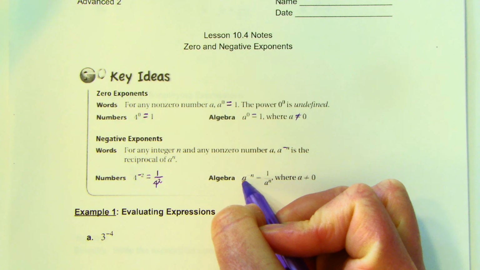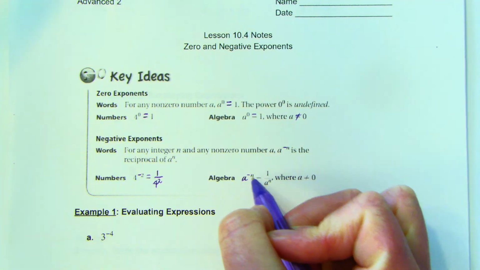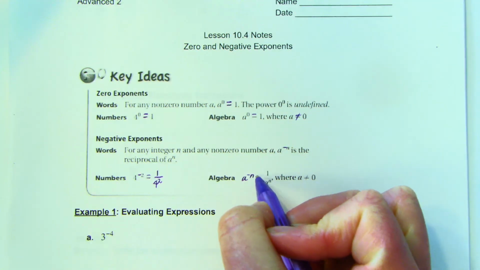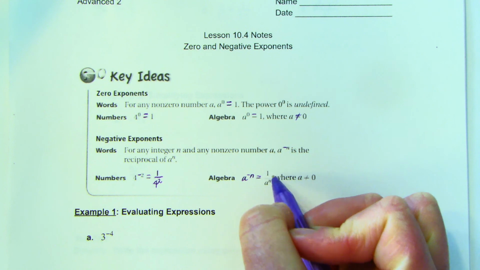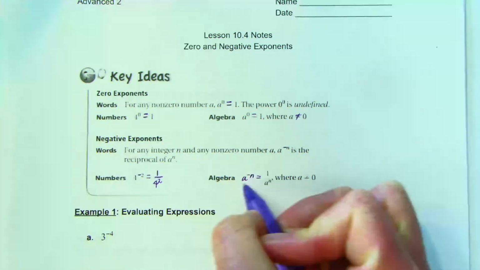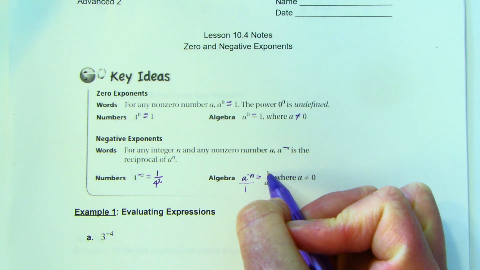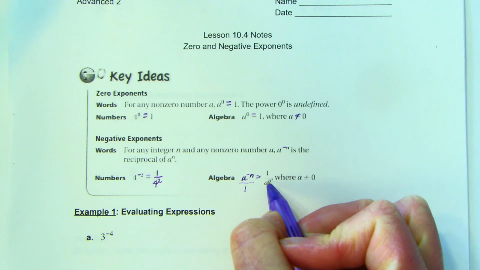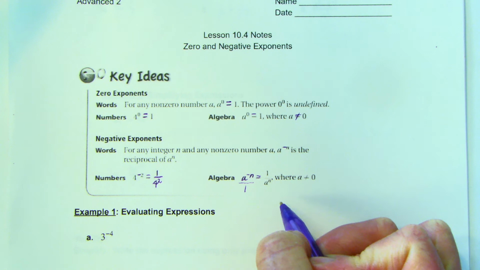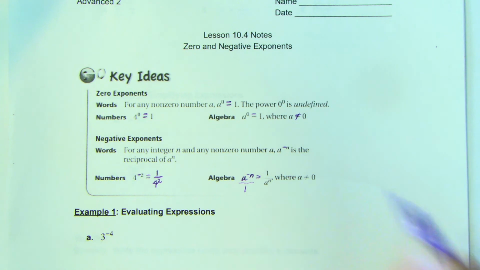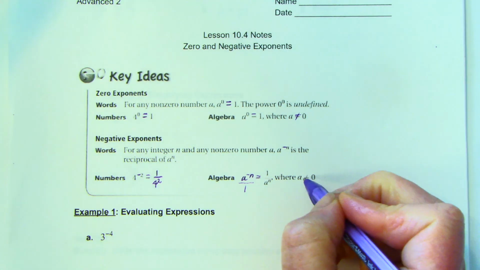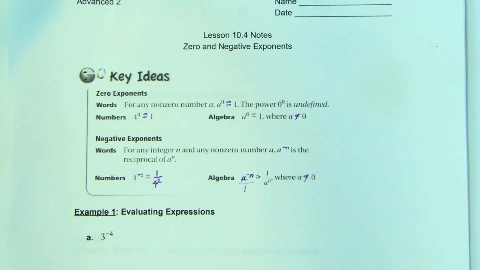And for a to the negative n, we're going to flip it, this would be like having it over 1. So you move the 1 into the numerator and flip it and make n positive, a to the n over 1. Okay, and again, a cannot be equal to 0.